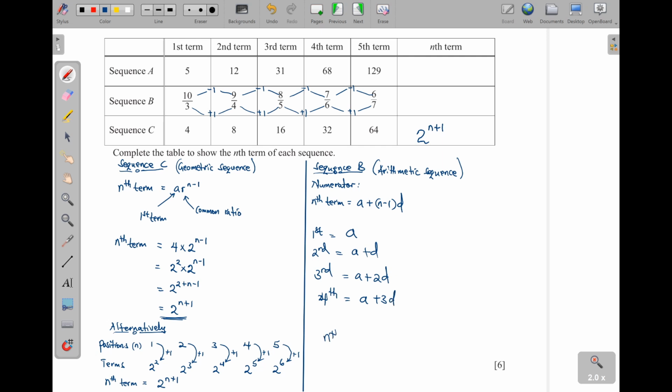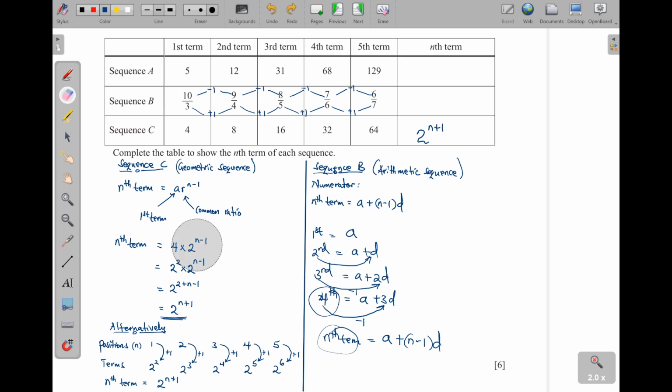And that means the nth term is going to be a plus, and you see 4 to 3, 3 to 2, 2 to 1, so it is reducing by 1. So I will say n minus 1, times the d. That's why we have this one here.